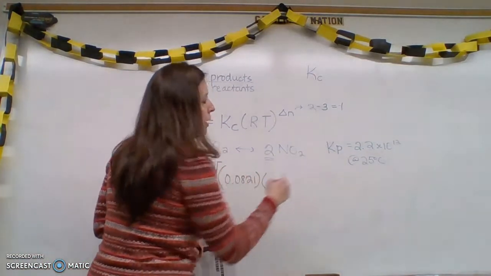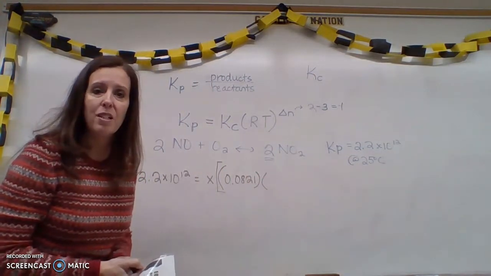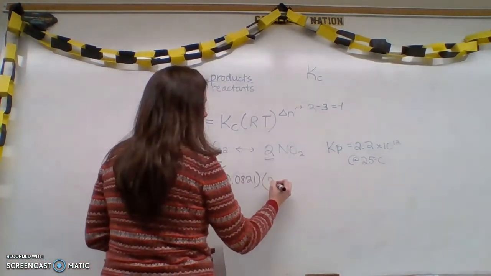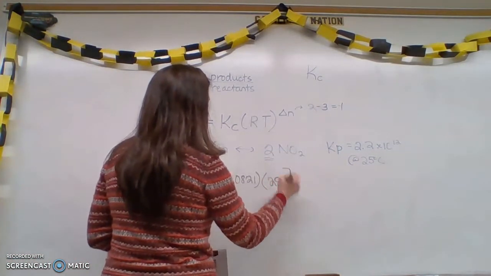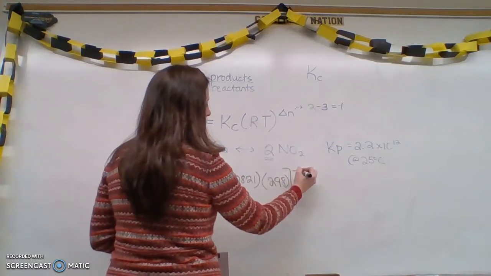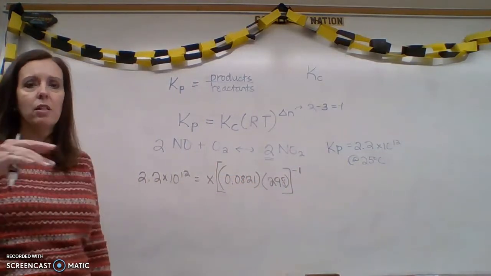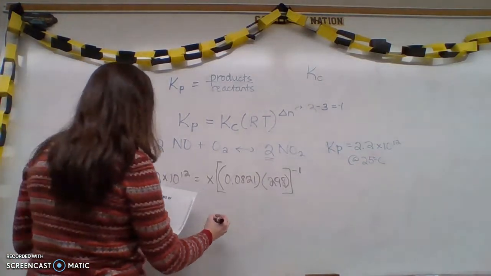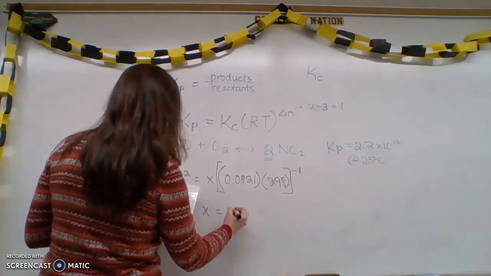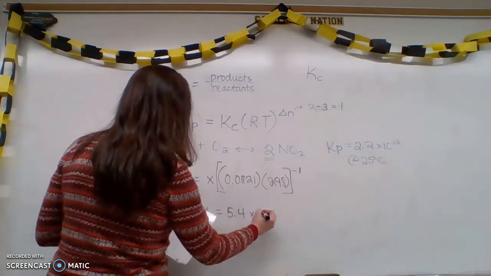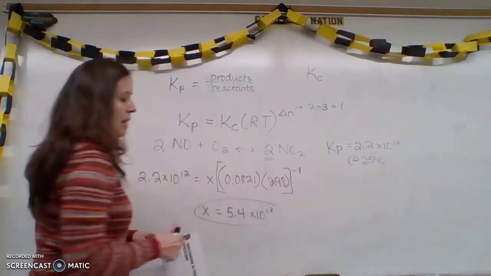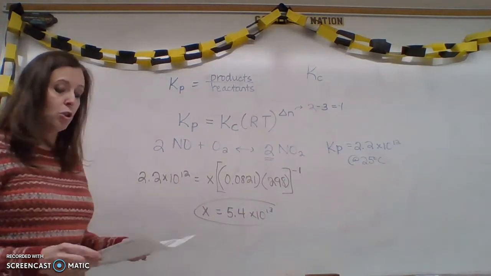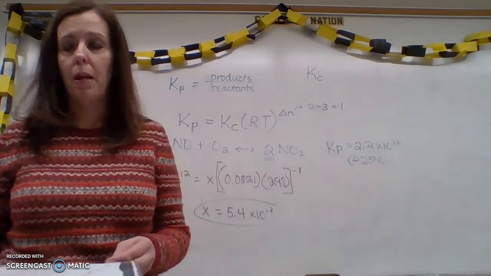T is 25 degrees. That has to be put in Kelvin, so I add 273 to it. So I have 298. And this R and this T are all to the power of -1. Again, caret -1 in your calculator. So when I solved for x, I got 5.4 times 10 to the 13. Okay? If you have issues solving for x, you can come and see me.